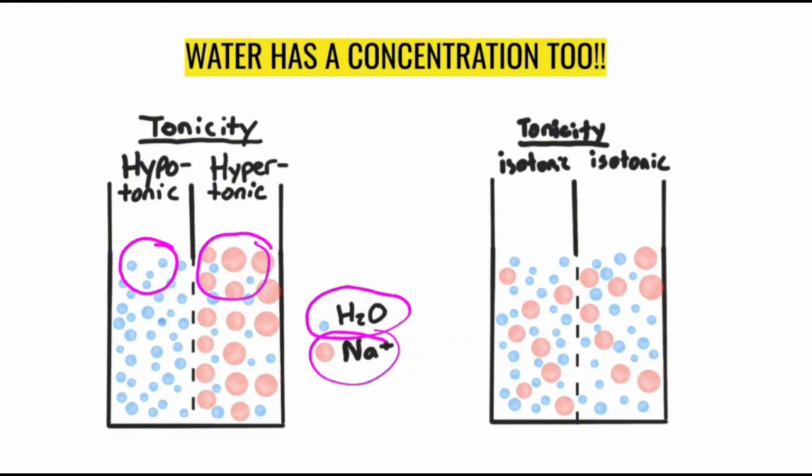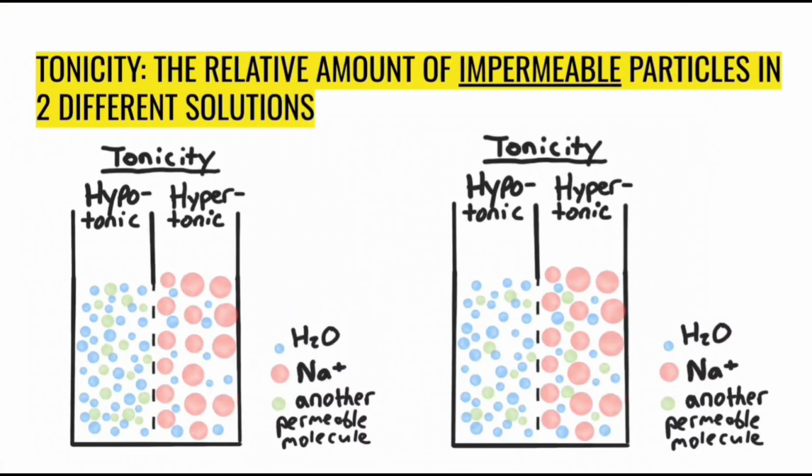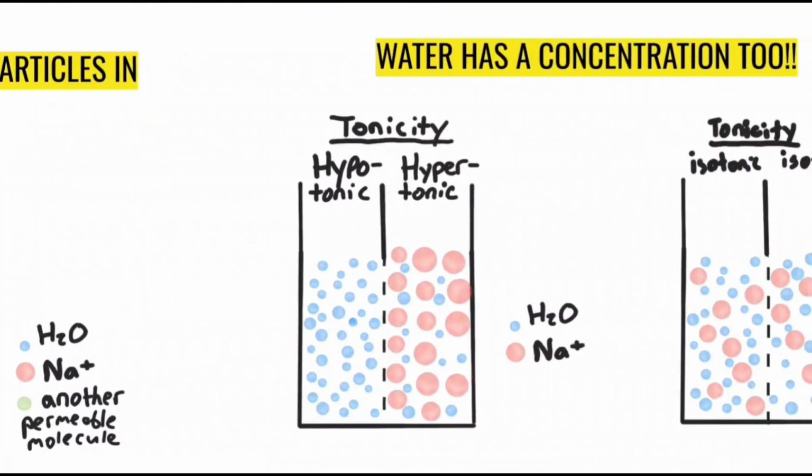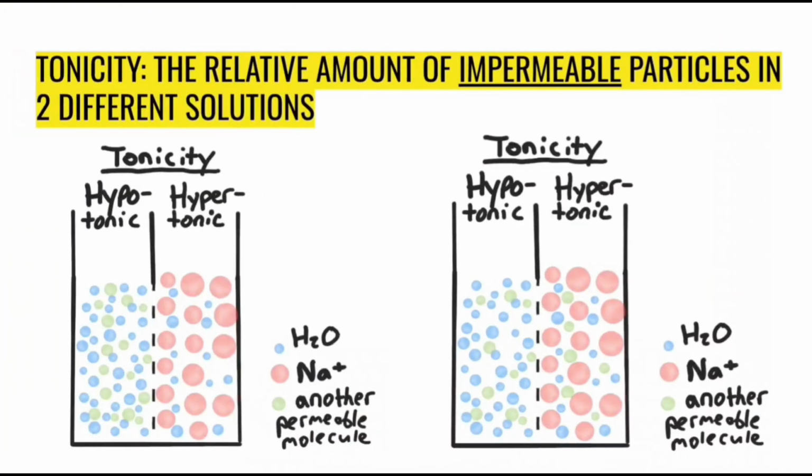By the way, when we are comparing these two solutions, again, tonicity has to do with two different solutions. The side that has fewer of the impermeable molecules is called a hypotonic solution. In this example, this side has fewer of the sodium molecules.